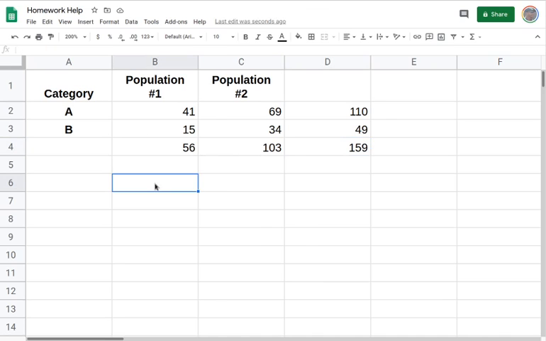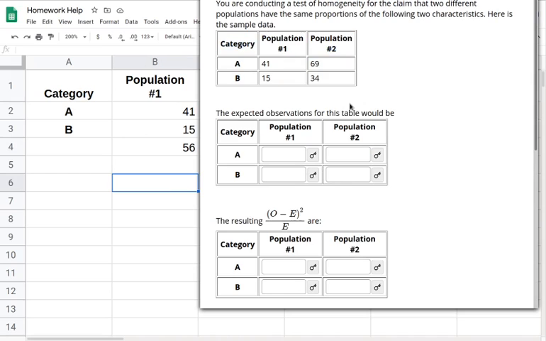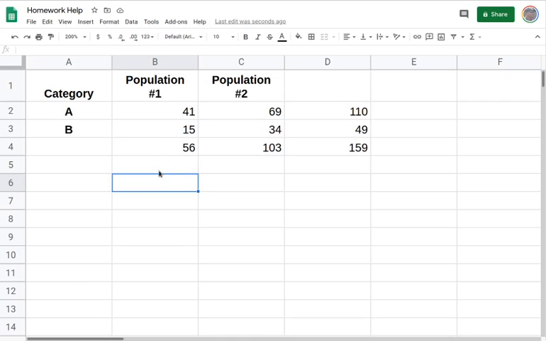So now to calculate this second table that they're asking for, the expected value of the observations, the way you do that is, suppose I'm going to look at this as my table, those 4 boxes. So in the top left, that is going to correspond to the top left in the original data.